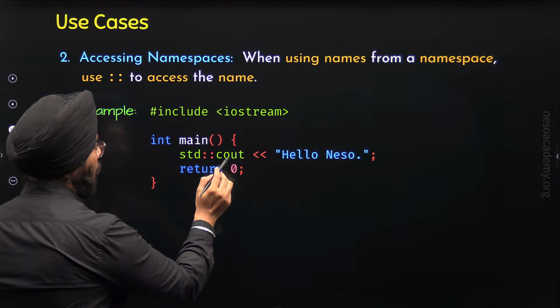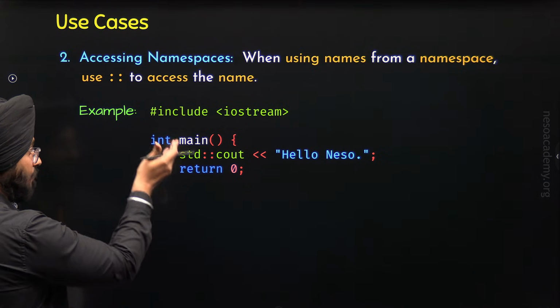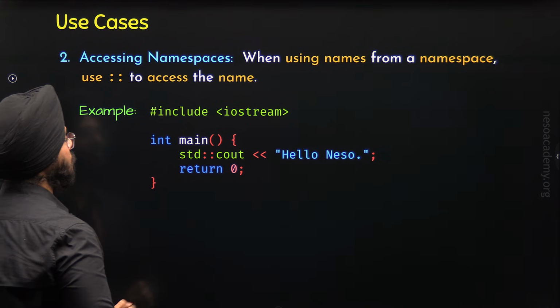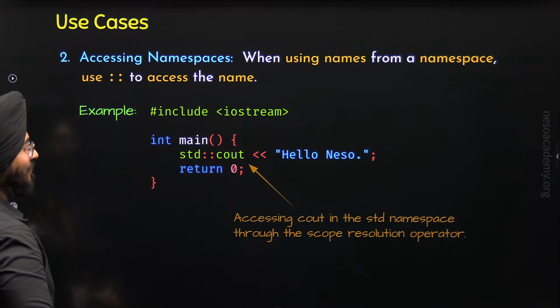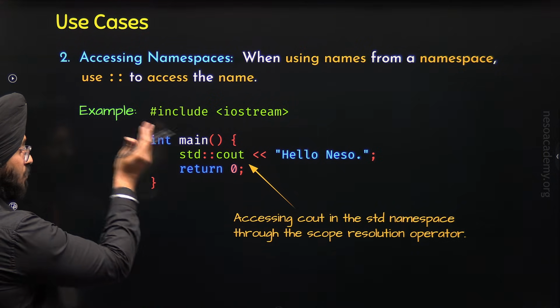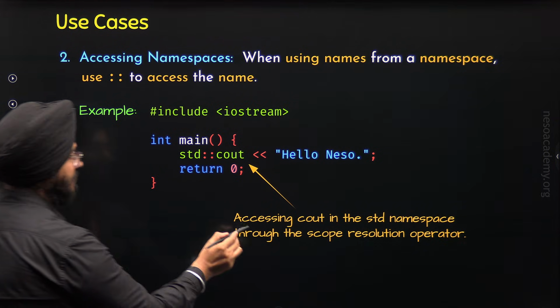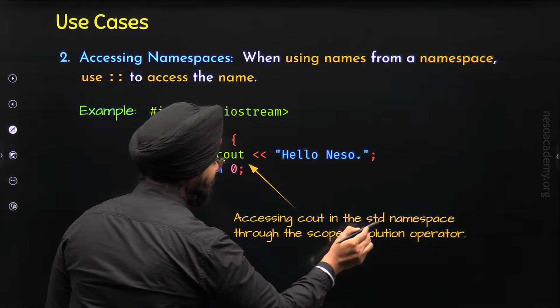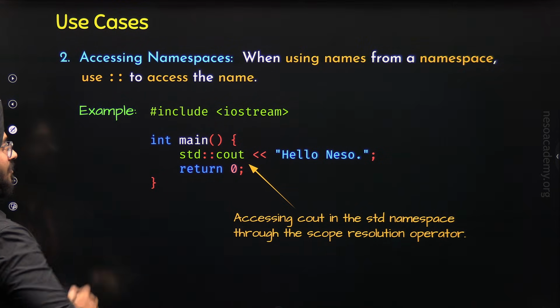To access this object outside the std namespace, that is within this main function, we need to use the scope resolution operator like this. So it is following the syntax which we have already seen. Here we are accessing cout in the std namespace through the scope resolution operator.